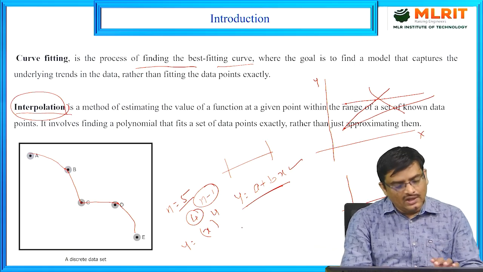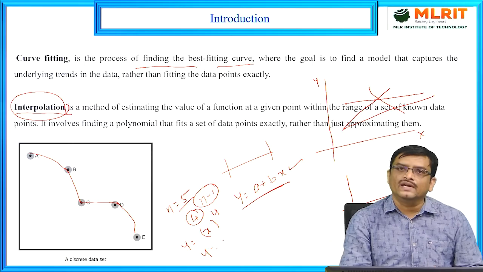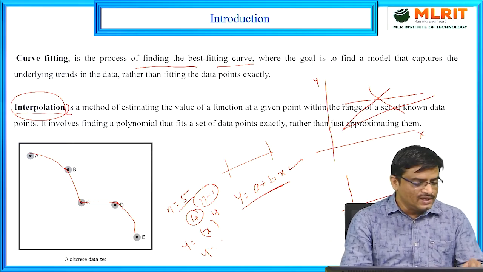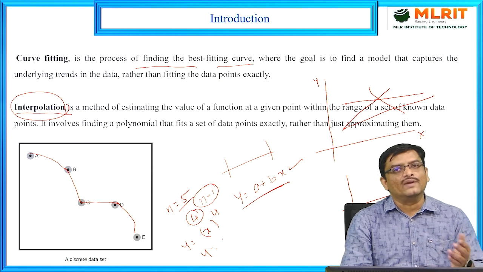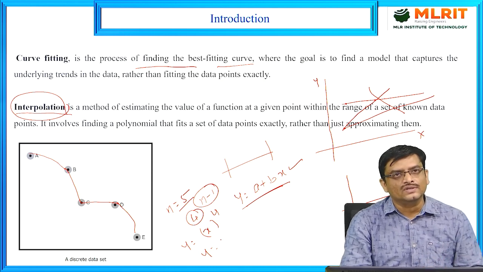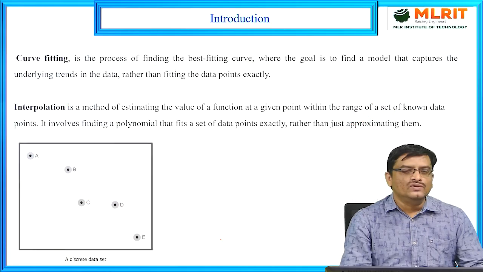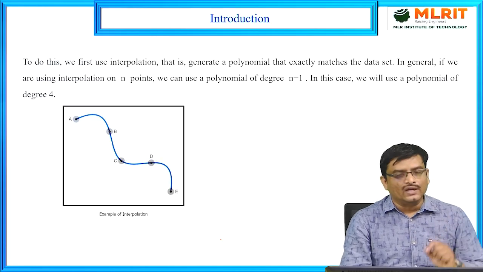So it is not possible to get a parabola, a second degree curve, here. You will get a polynomial of degree n minus 1, so it depends upon the number of observations. Whereas by using the concept of curve fitting, we will get a curve of straight line.